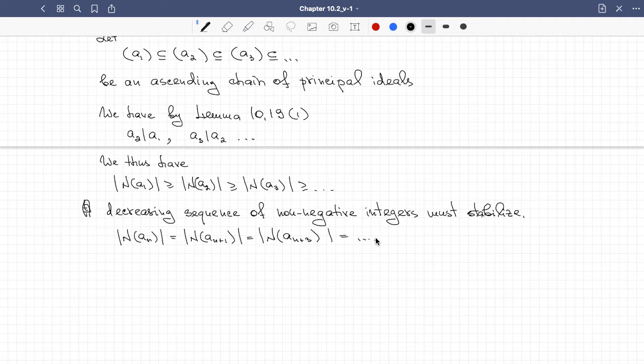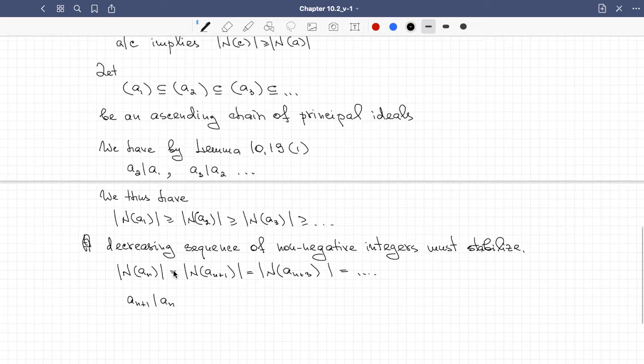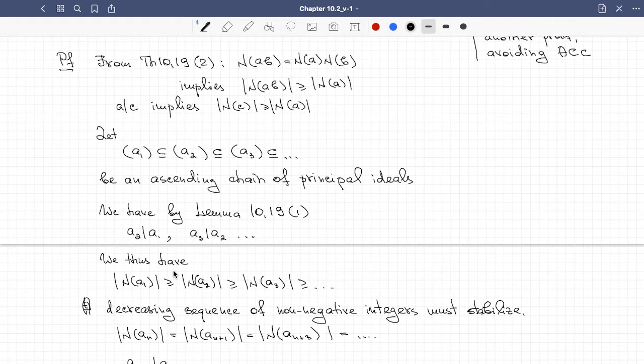At the same time, we still have divisibility, so an plus 1 divides an, as we had the divisibilities here.